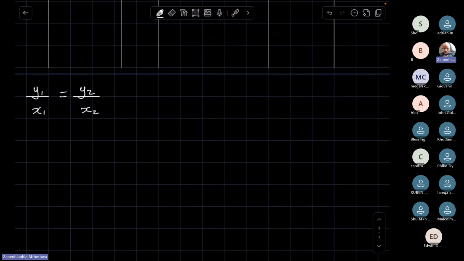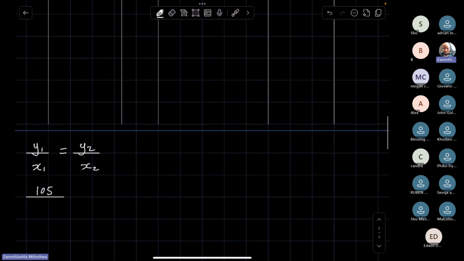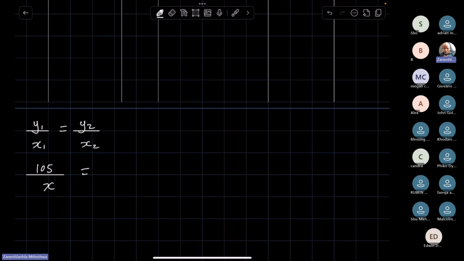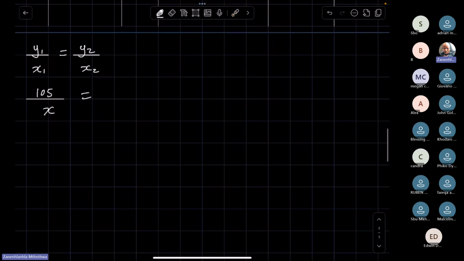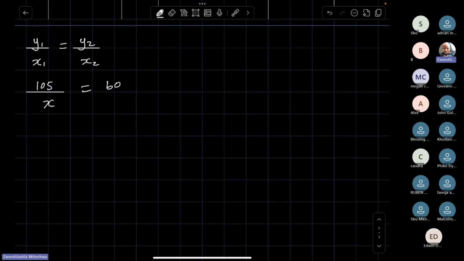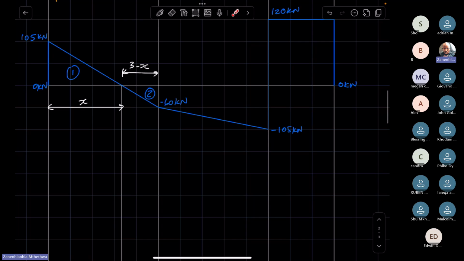So you have 105 divided by x1, which is the x measurement of the first triangle, which is x. That is equal to y2, which is the y distance, 60, divided by the x value of the second triangle, which is 3 minus x.